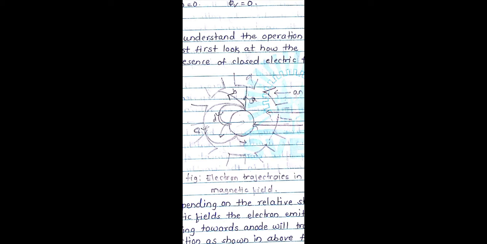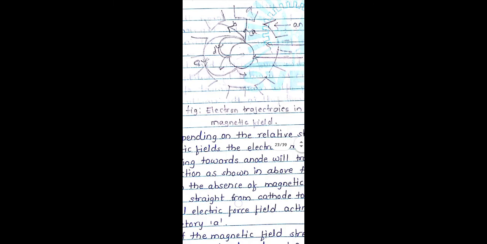Now we will try to understand the mode jumping of the magnetron. The resonant modes of the magnetron are very close to each other, and there is always a possibility of mode jumping.